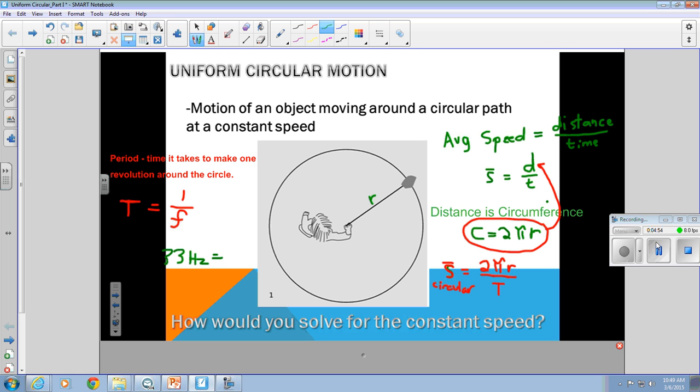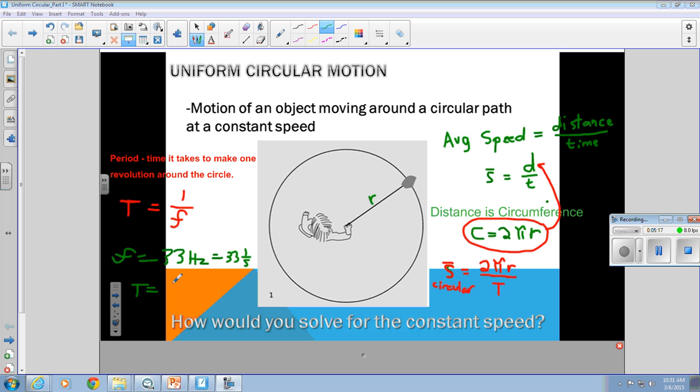I'm sorry, 1 over second. So what this is saying is this person's spinning this 33 times in a given second, 33 times per second.